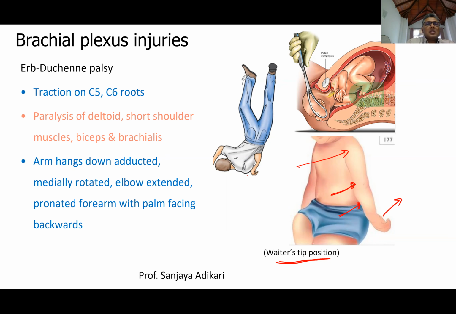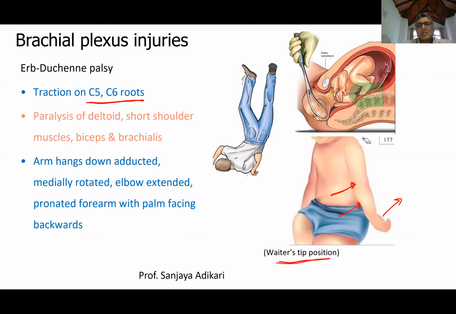So the reason is the C5 and C6 roots. If you remember the first few slides of this lecture, C5 and C6 supply almost all short muscles of the shoulder joint, including the deltoid, subscapularis, teres minor, then supraspinatus, infraspinatus. Even teres major, all supplied by C5 and C6. All of them are gone. Therefore, the abductors of the shoulder joint are actually gone, including the deltoid.